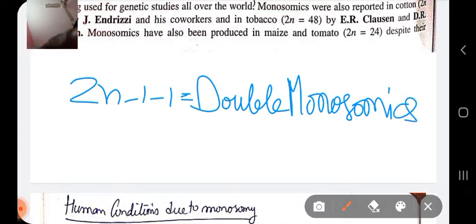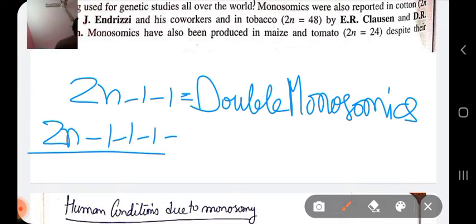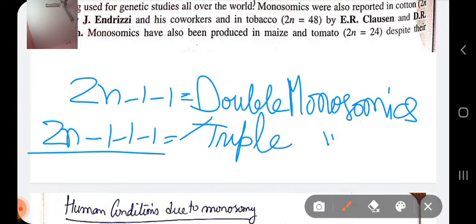Similarly, triple monosomics can also occur where three chromosomes are lost from the chromosome set. That is called triple monosomics.